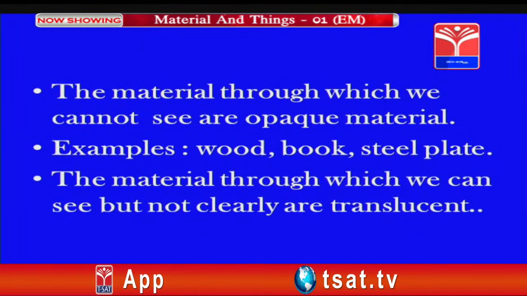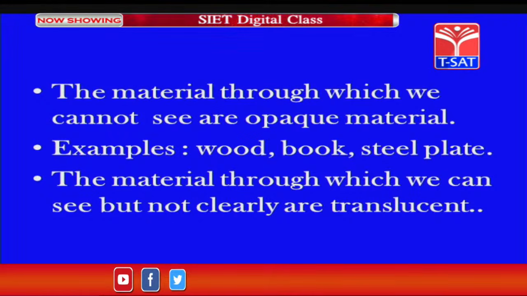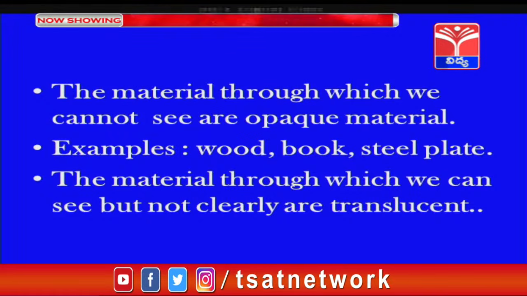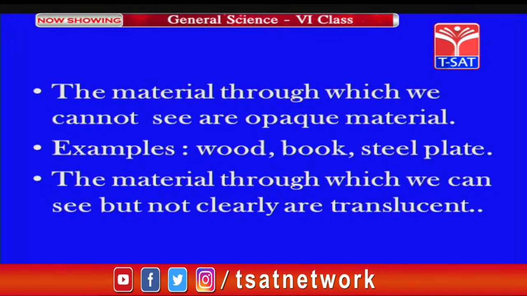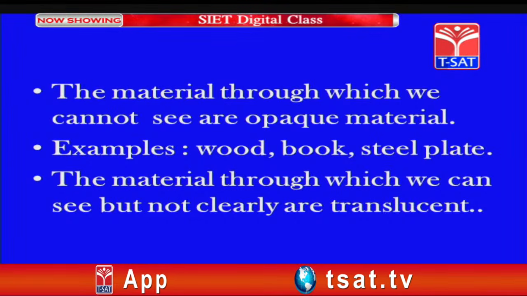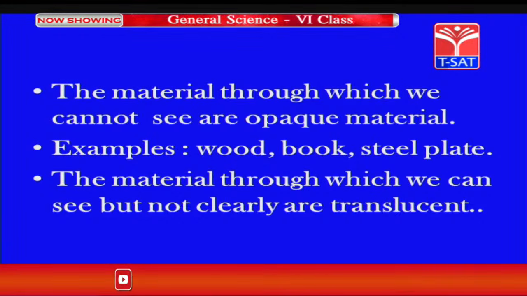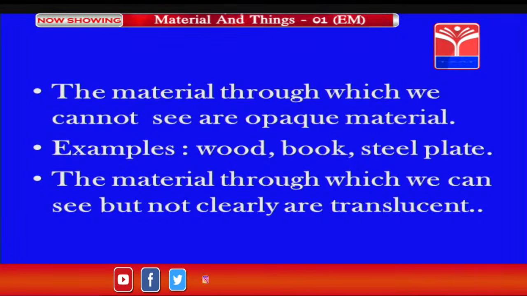Next, we also studied that the materials through which we cannot see are called opaque materials, and examples are wooden box, books, steel plates. The materials through which we can see but not clearly are called translucent materials.